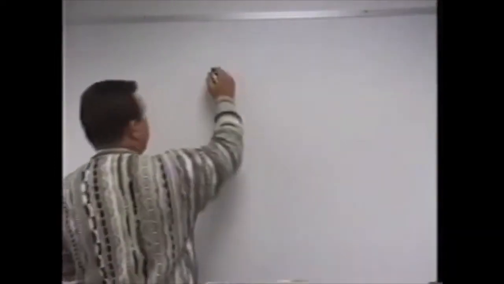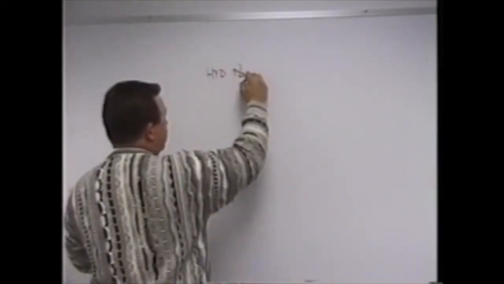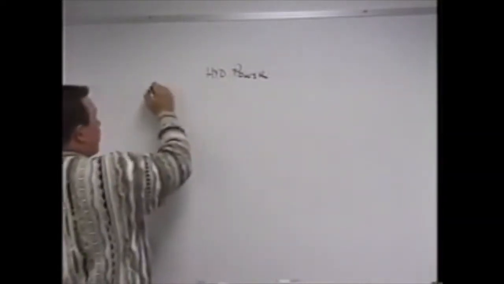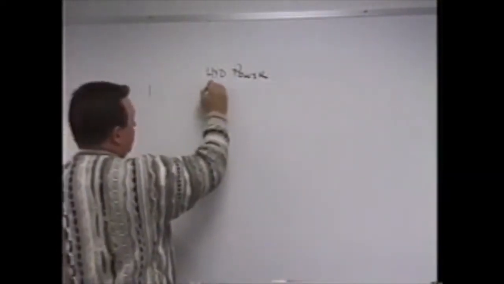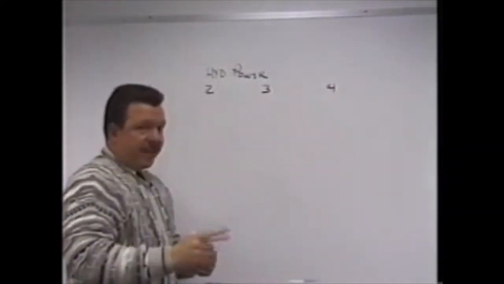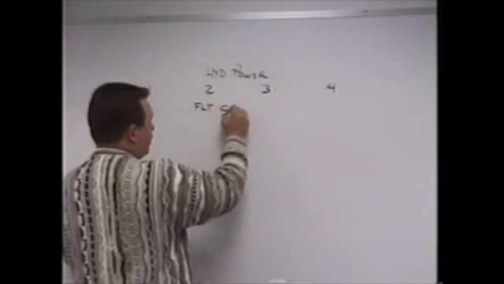Some more chalk talk with regards to the hydraulic power system. Hydraulic power, if we balance things out, it's a little easier to recall what comes off of what hydraulic system. Again, we have the four systems, 1, 2, 3, and 4. There's two items common to all four systems. All four systems operate some type of flight control.